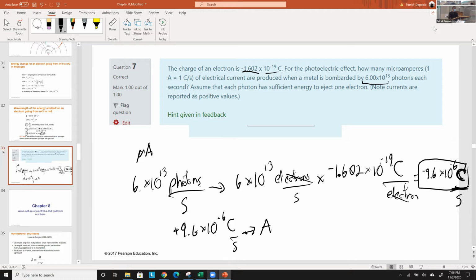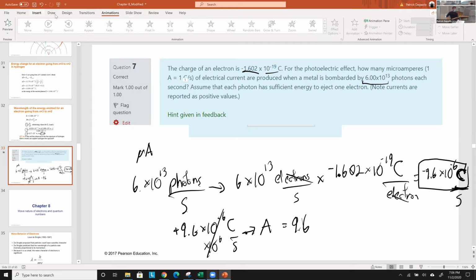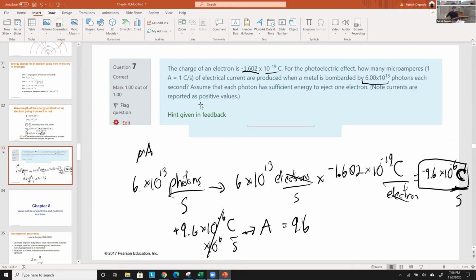Good, exactly. Multiply times 10 to the 6th, and you get 9.6. Let's see what the answer is. It's probably going to be a little bit different because I rounded. 9.612. But yeah, same thing.